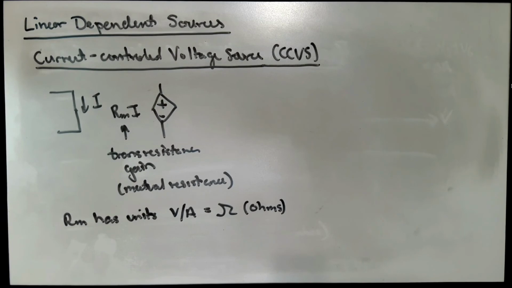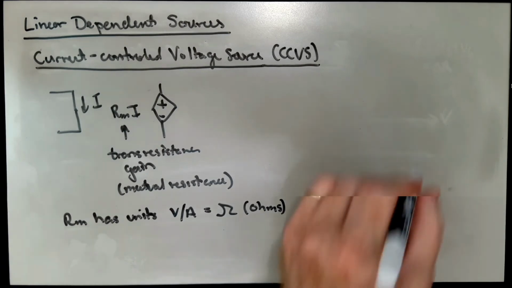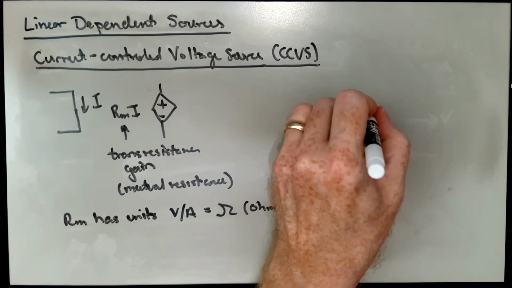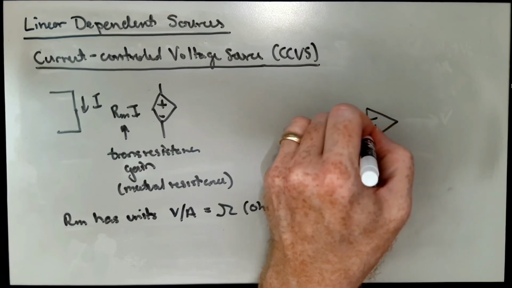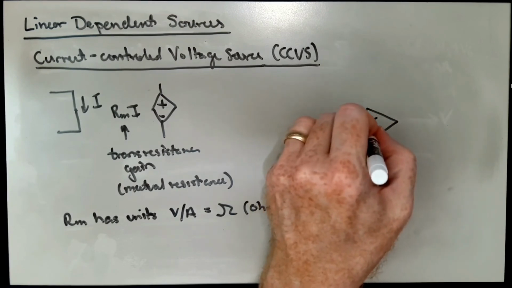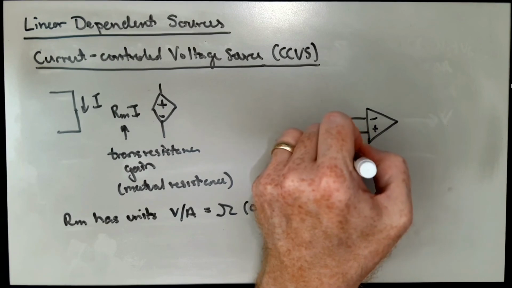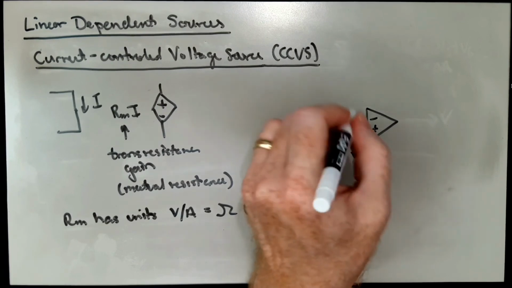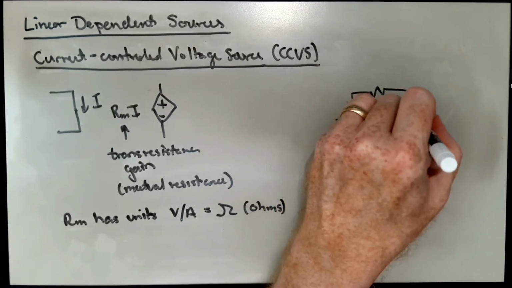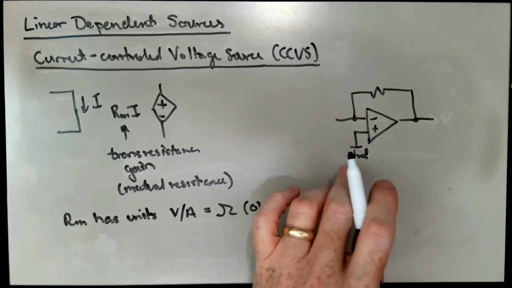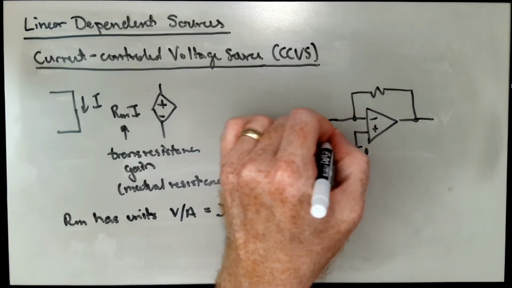And believe it or not, you've actually all probably built a current-controlled voltage source or an approximation to such a device. Back in ISIM, you probably recall building a circuit that looks something like this, where you have maybe some reference voltage V_ref, and you put an op amp with some resistor, and maybe you had a photodiode or something here.